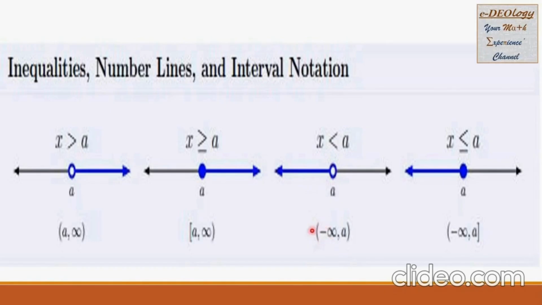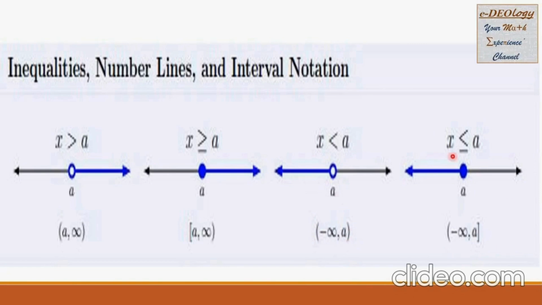Again, we put the parenthesis every time there is infinity involved, comma, and the a follows with a close parenthesis, which means the a is not part of the solution.